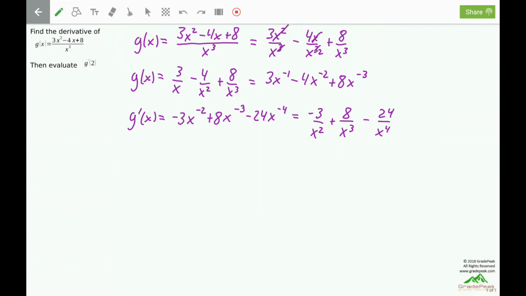The next step is to evaluate g prime of 2. That means to plug a 2 into each of the x's. So negative 3 over 2 squared plus 8 over 2 cubed minus 24 over 2 to the 4th.